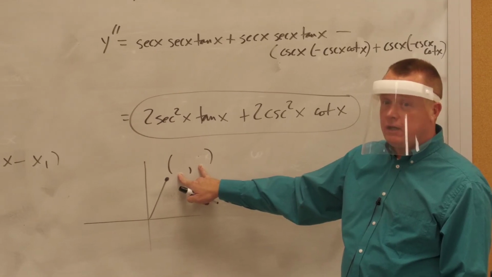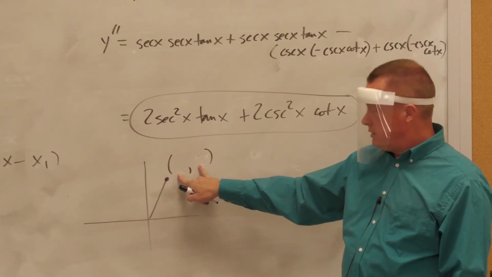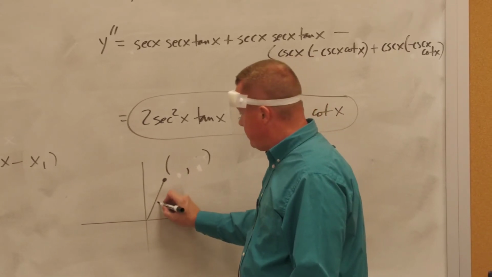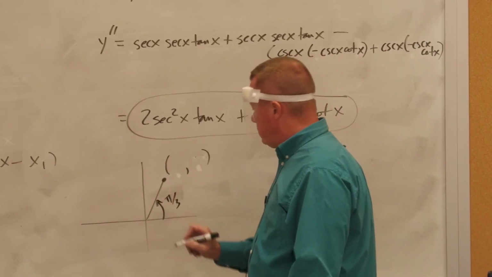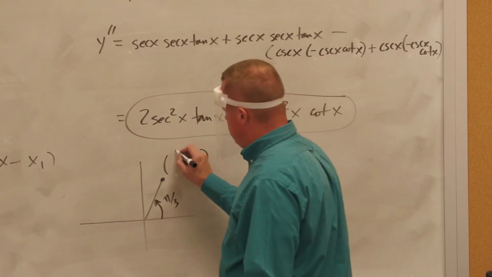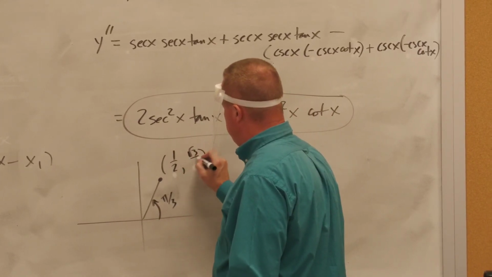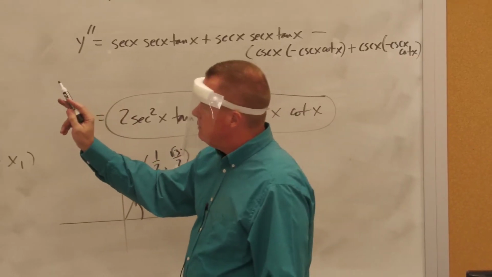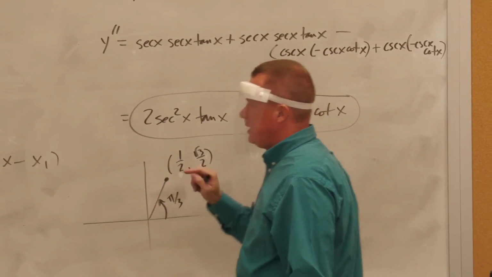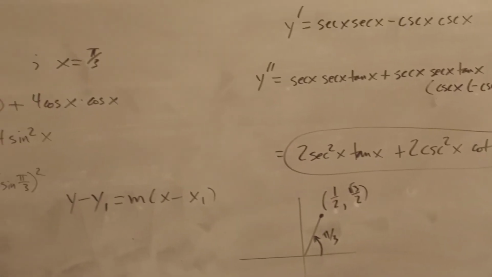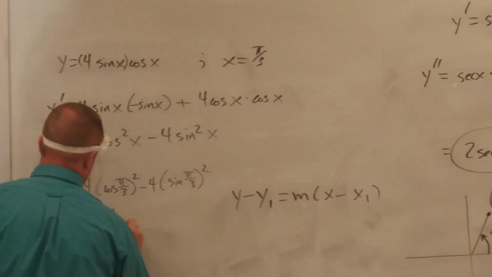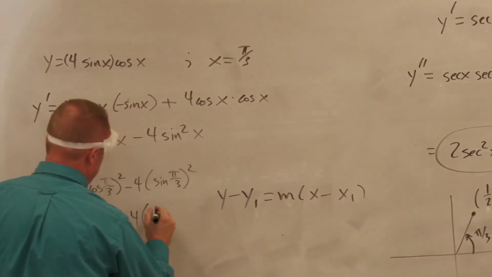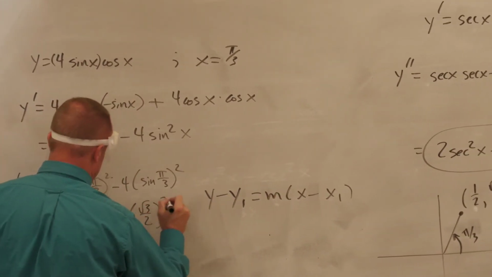Is that the square root of 2? Okay, that would be pi over 4. This is pi over 3. All right. The one toward the inside is 1/2 and root 3 over 2. Okay. So the cosine is the x, so that's going to be 1/2. Sine would be the y, root 3 over 2.